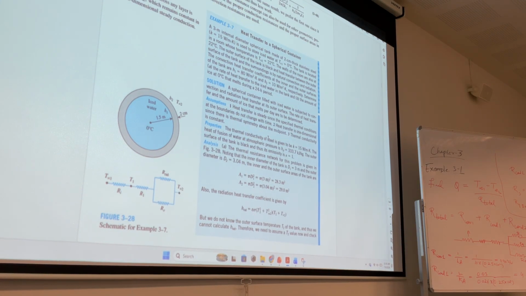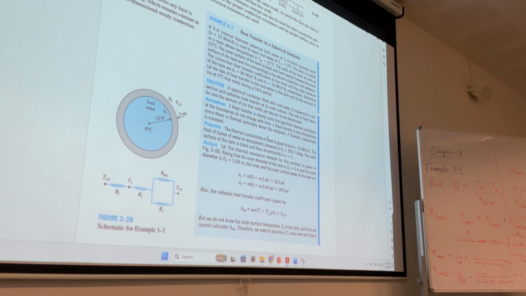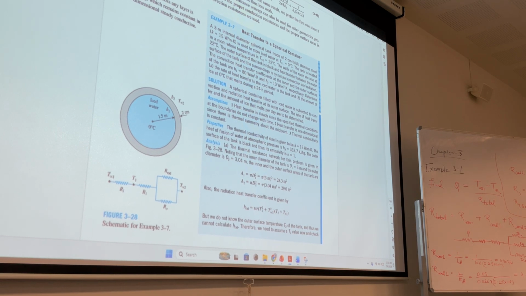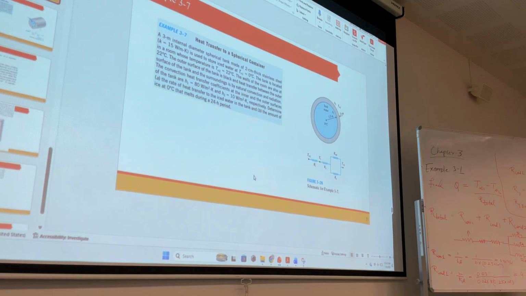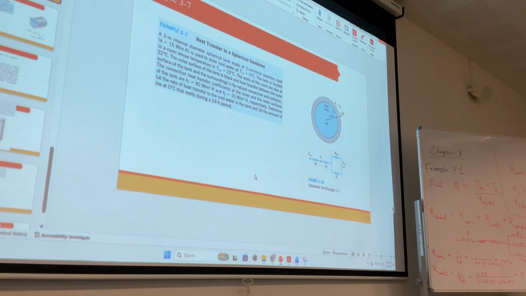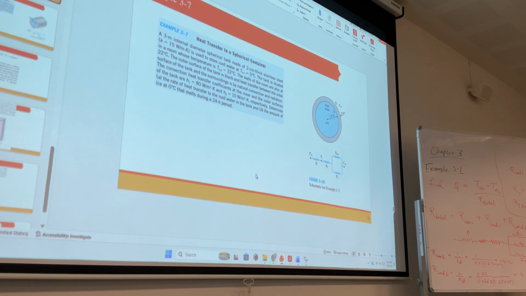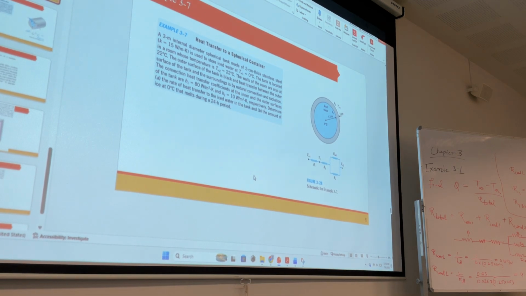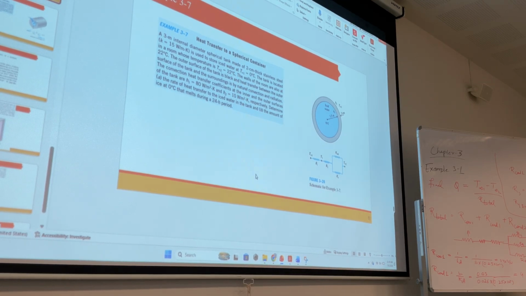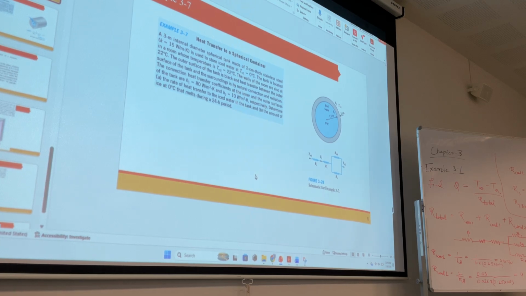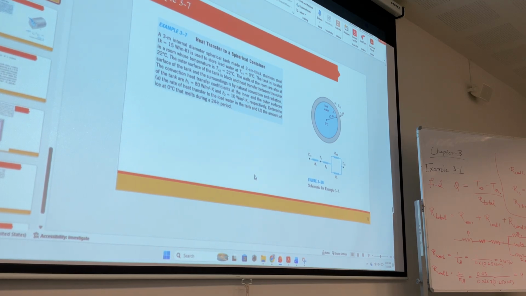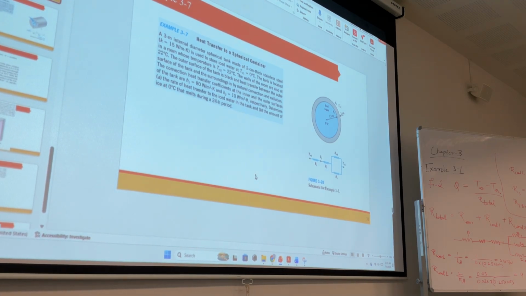Okay, let's just do some. A 3-meter internal diameter spherical tank made of 2 centimeter thick stainless steel is used to store iced water.